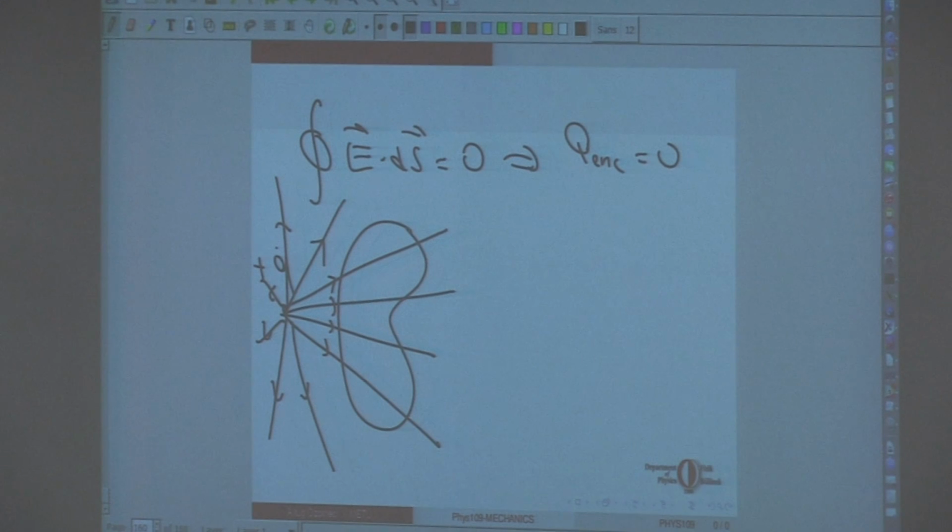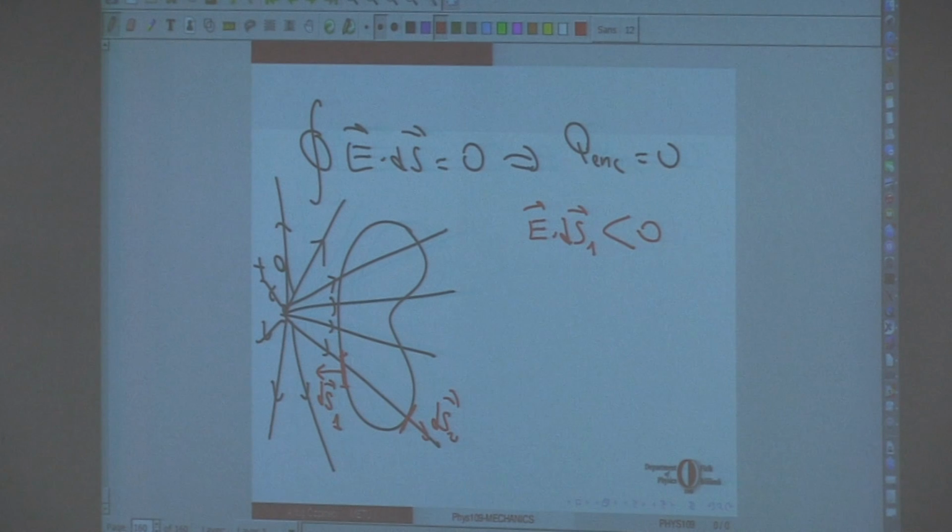So on the surface, the electric field is definitely not 0. Nevertheless, this integral is 0. Why? Because if you consider a surface element somewhere over here, let's say ds1, and if you take this surface element, ds2, now E dot ds1 is less than 0 because the angle between these two vectors is more than 90 degrees.